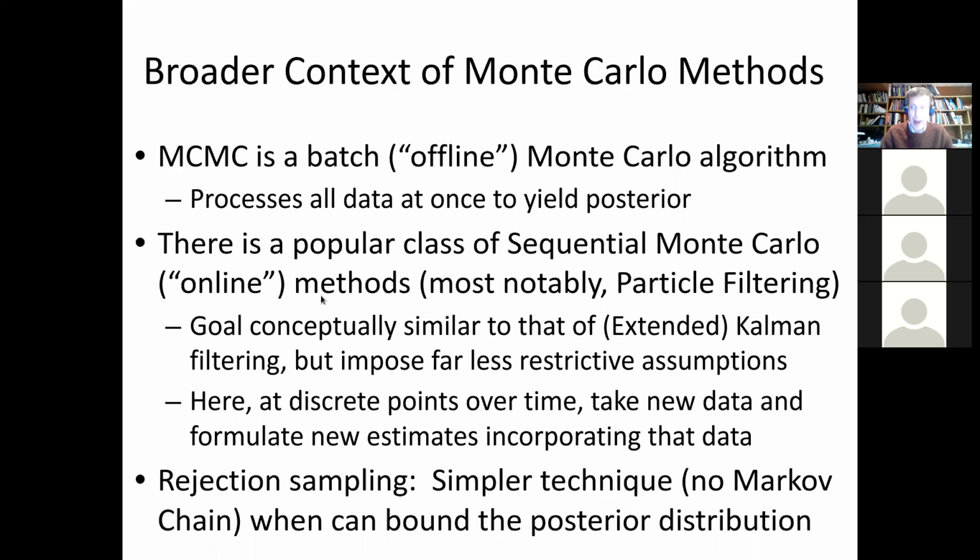They take data as it unfolds over time and take this data into account in giving an updated estimate of the system. We don't have to go back and process all data to this point, just the new data. We're going to see probably on Friday Kalman filtering, which is kind of the first method in this regard. But then we will be turning to particle filtering, which is a much more sophisticated technique yet.